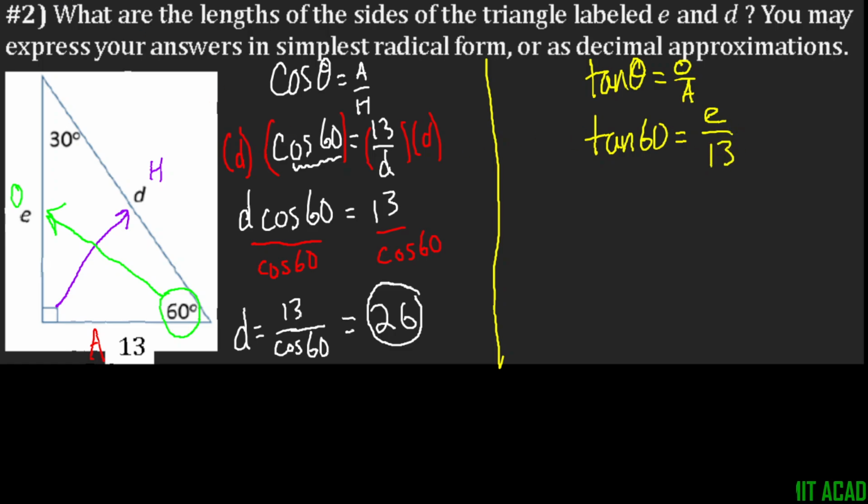This one's a little easier since we are just multiplying both sides by that denominator. It's just one step. Multiply both sides by 13 to show your work, and so E equals 13 tangent of 60. Let's see what that looks like in our calculator.